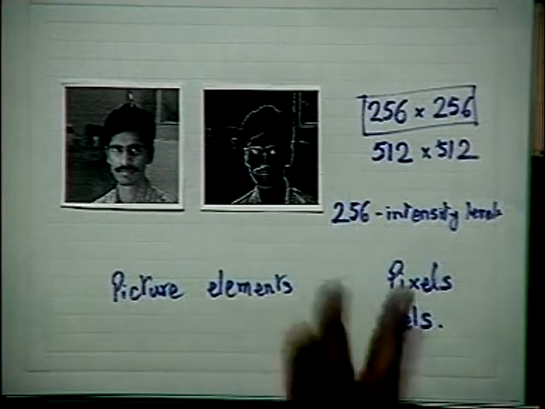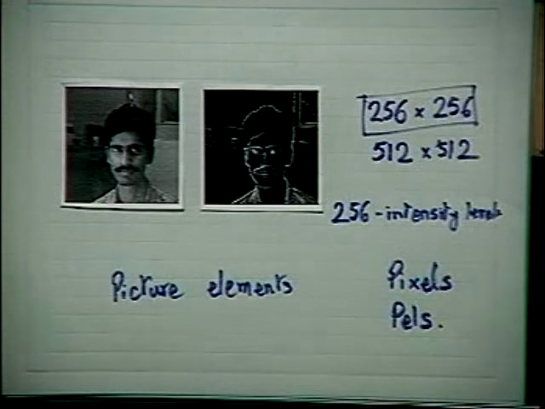So this process is the edge extraction process, but all the time I may not be interested in edge extraction. My objective may be to improve the quality of the image. It could be that the image is of very poor contrast.